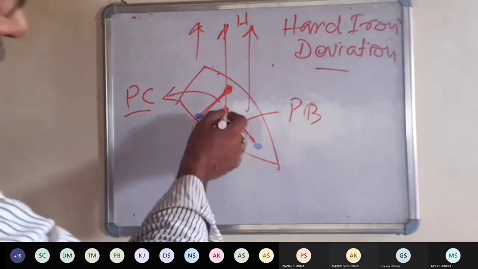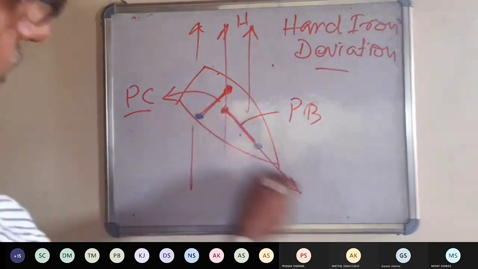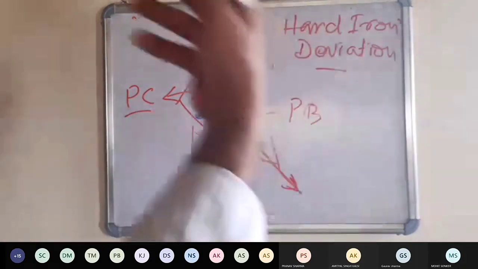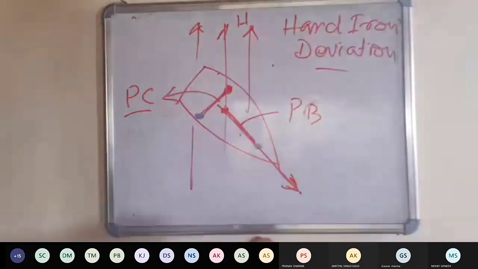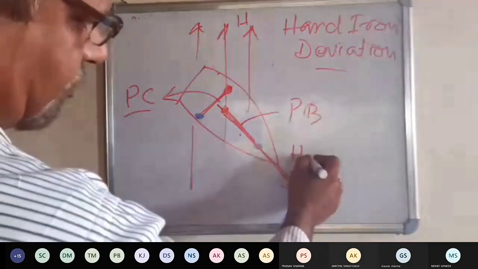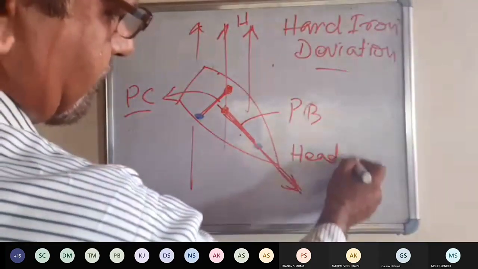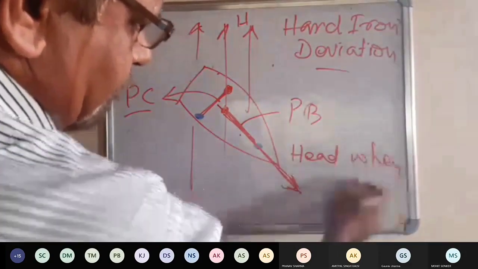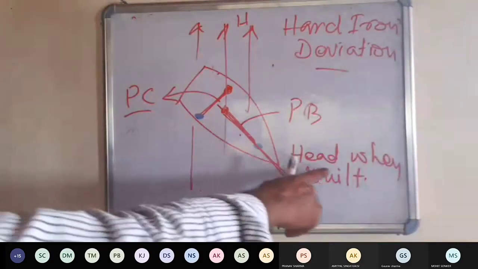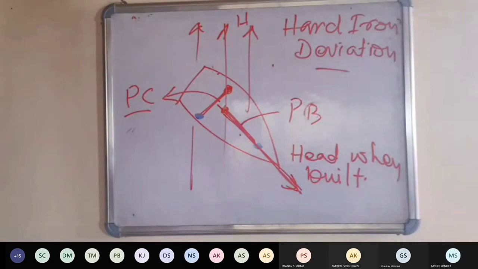So now what will happen in this case? When the ship is heading like this, after she has been built and she is out at sea, this is the heading when she was being built, correct?